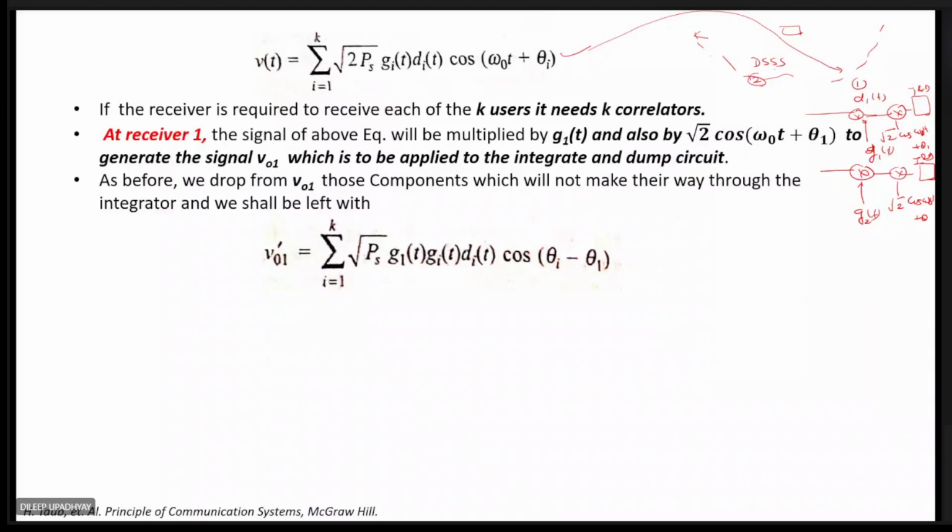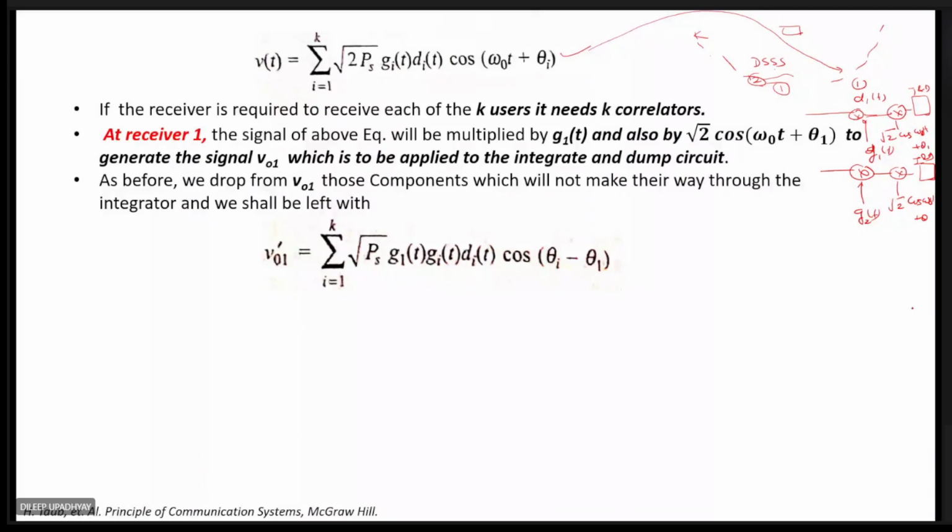Suppose receiver 1 wants to receive the signals from transmitter 1. Then this receiver 1 will multiply with g1(t), because all these correlators are connected in parallel, and these signals will be received by the bank of these correlators.